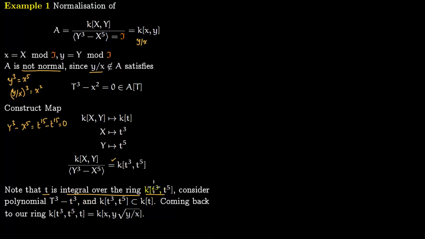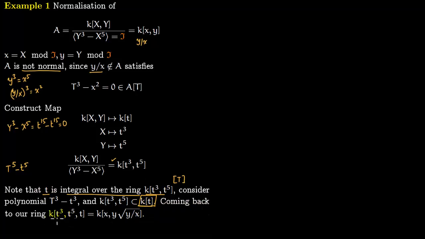This t cube comes from this ring, and we are considering this polynomial over this ring and adjoining t. Or you could have considered the polynomial T^5 minus t^5. This comes from this, and k[t cube, t^5] lies within k[t], which is integrally closed. So this is the normalization of our ring, because our element t lies within it.